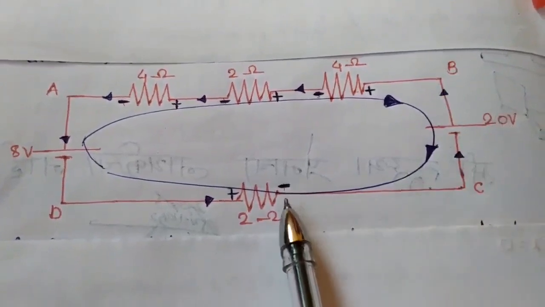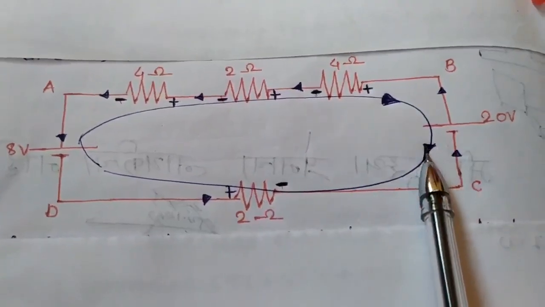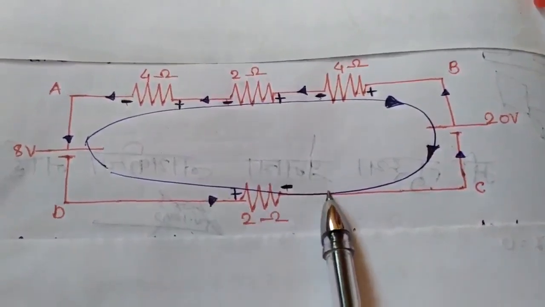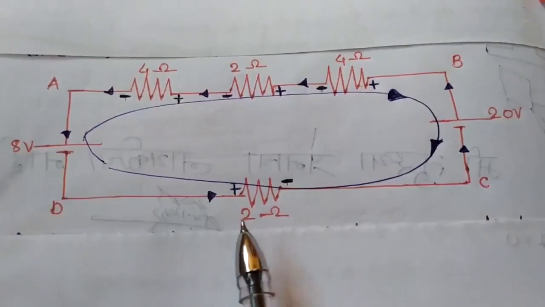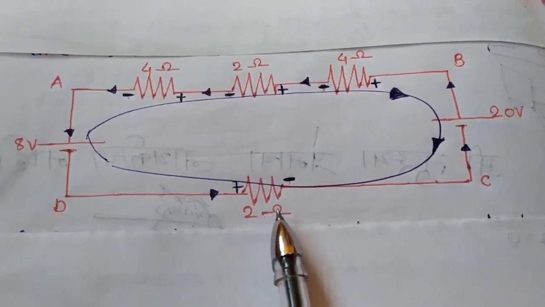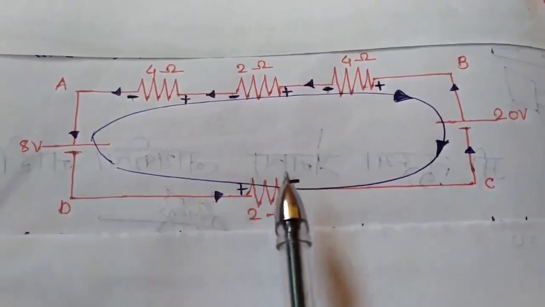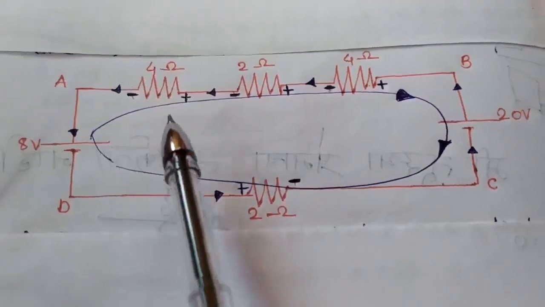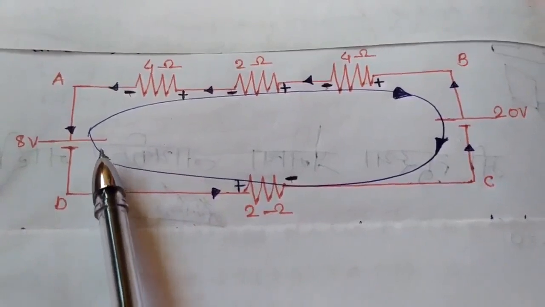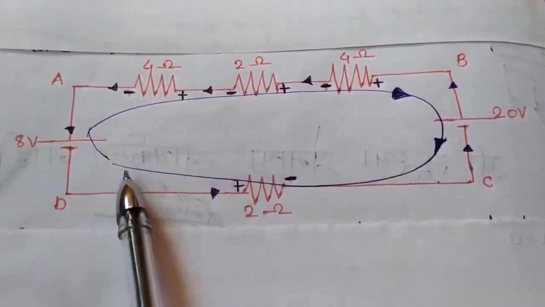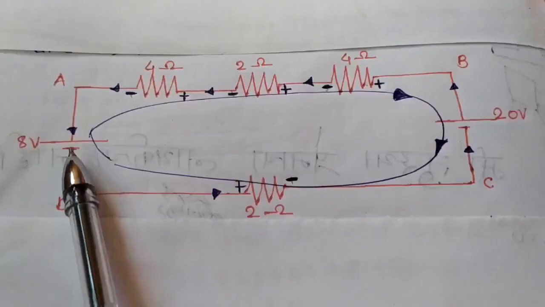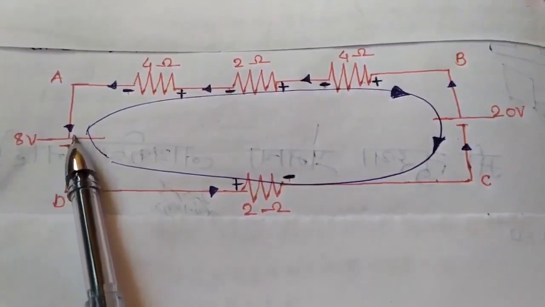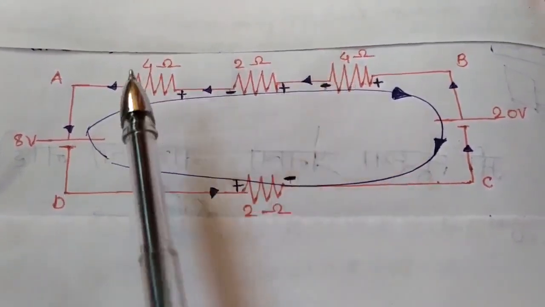Now on the resistance, loop direction is clockwise but current direction is anti-clockwise, then take plus 2 into I. Now on a cell, with the loop going clockwise from lower potential to higher potential, take plus 8.